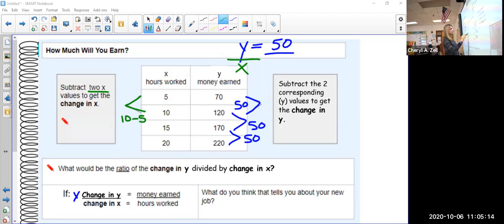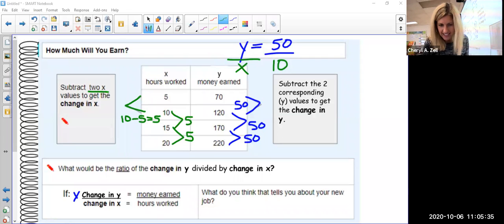What is that? 5, right? How about 15 minus 10? 5. 20 minus 15, 5. So what is the change in x? 10. So now what? The change in y is 50. The change in x, which is hours worked, is 10.